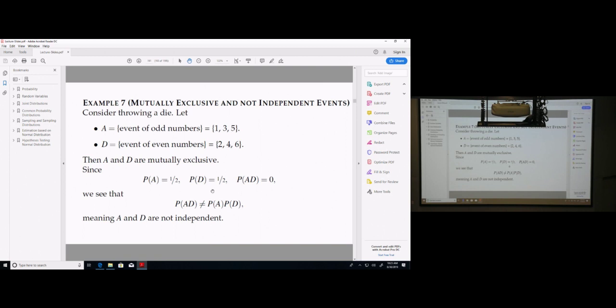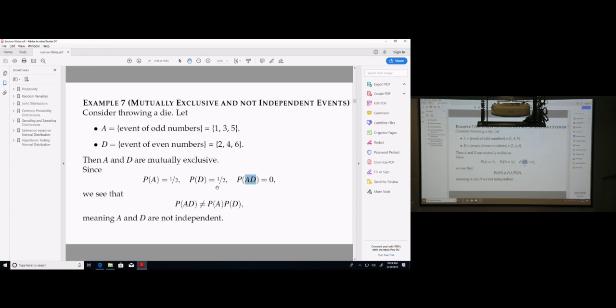All right? So here is an example of mutually exclusive. A is the event of odd numbers, and D is the event of even numbers. So A intersect D, because they are mutually exclusive, would be an empty set. A little bit better, if you want to be extra clear, is to write one more equal sign: probability equal to probability of empty set, equal to 0.